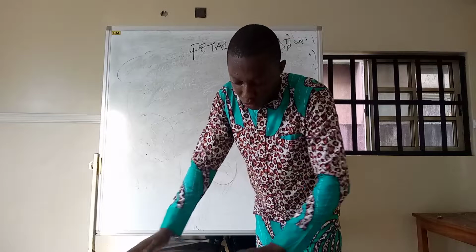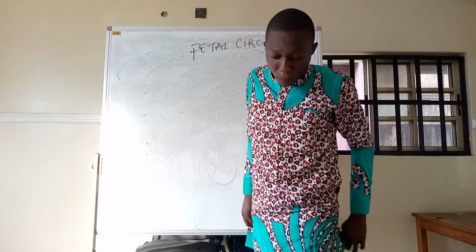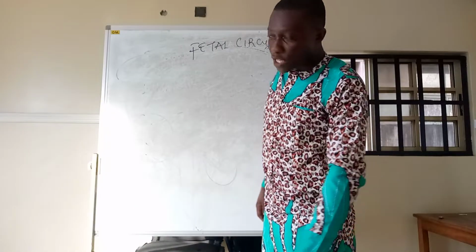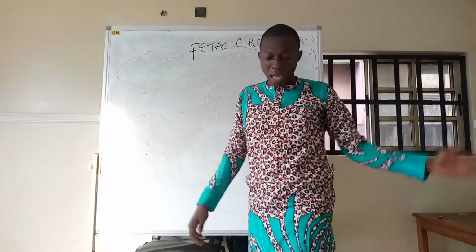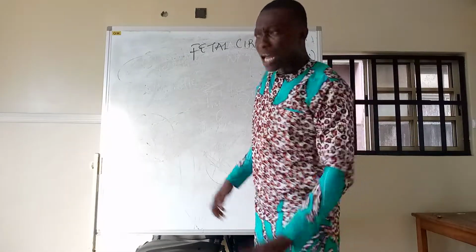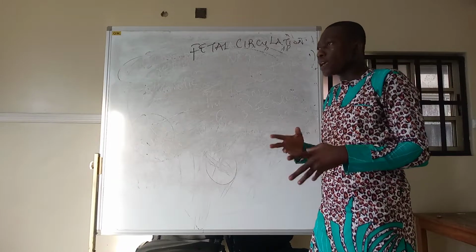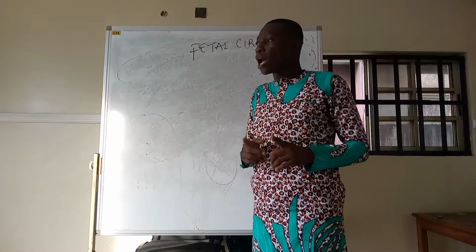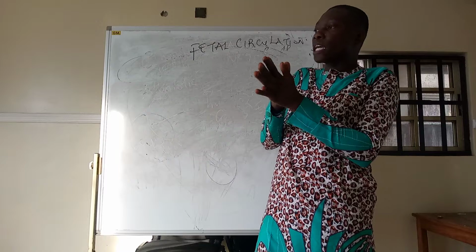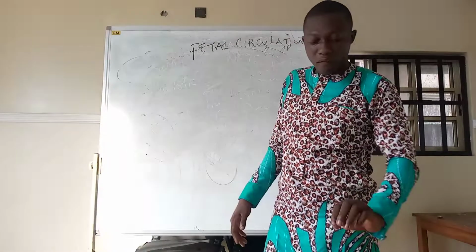And also, what you have to know is this circulation at some point permits the mixture of oxygenated and deoxygenated blood. Now remember, when you are talking about blood flow through the heart, you'll be saying deoxygenated blood from the upper and lower extremities enters the right atrium through the superior and inferior vena cava.